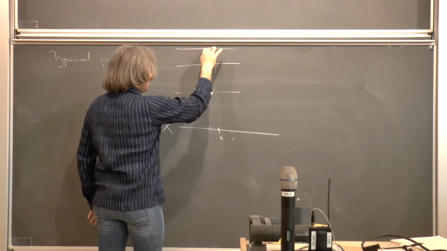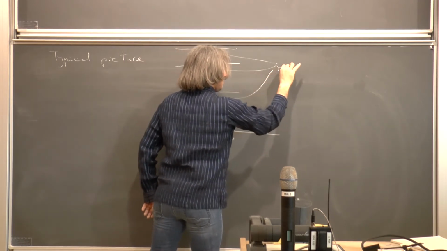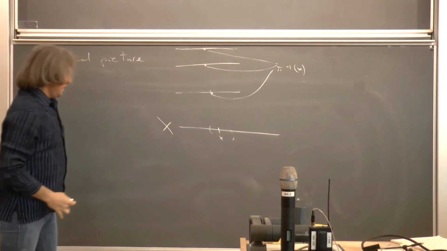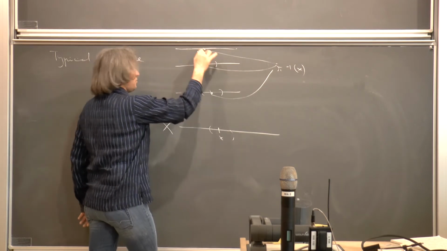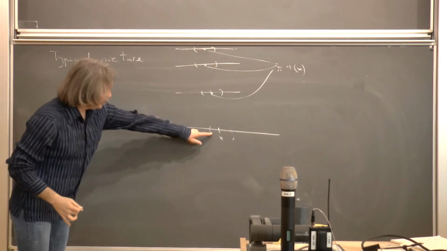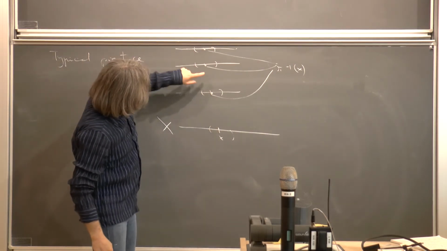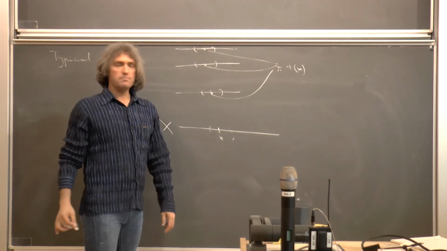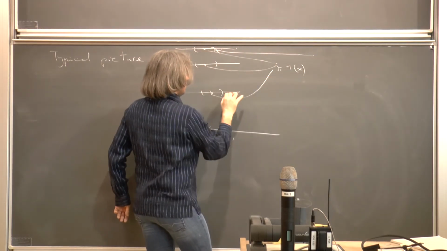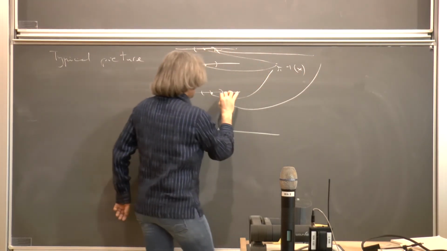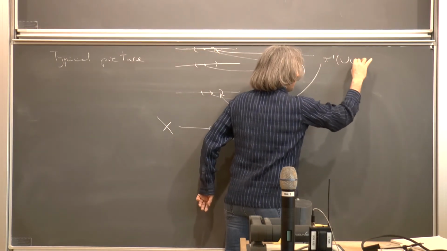These together are the preimage of x, and the preimage of this neighborhood is this disjoint union of these neighborhoods. Each of them is homeomorphic to the original one, but we take the union of them. These together are the preimage of U of x.